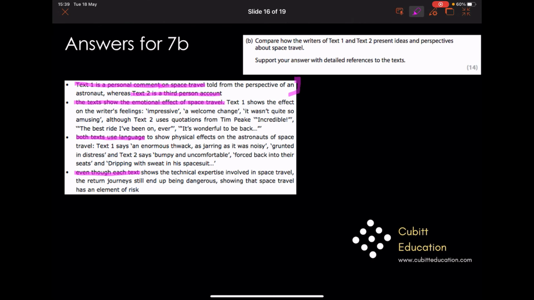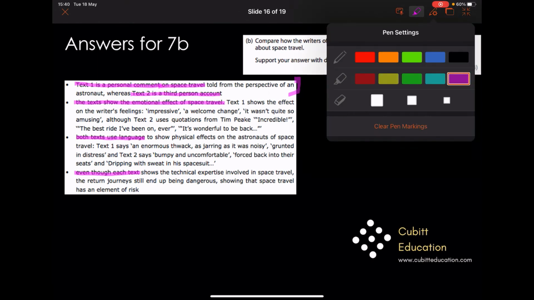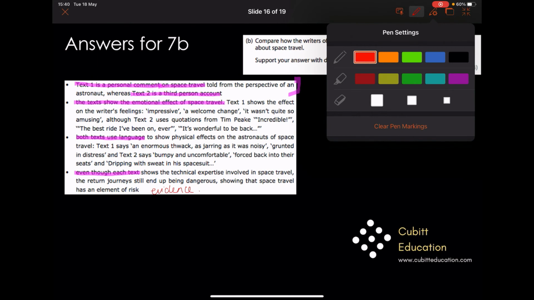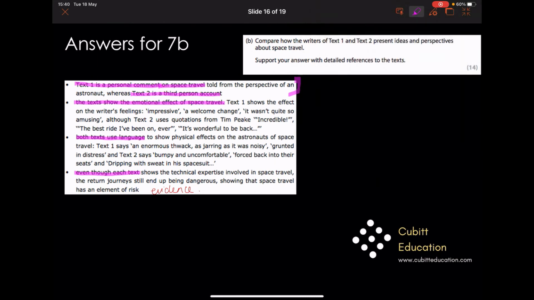Okay, so again, I've just screenshot these from the mark scheme so you can see what they're expecting you to write down. Again, you just need some evidence there to back that up. I feel like it wouldn't give you quite enough marks.